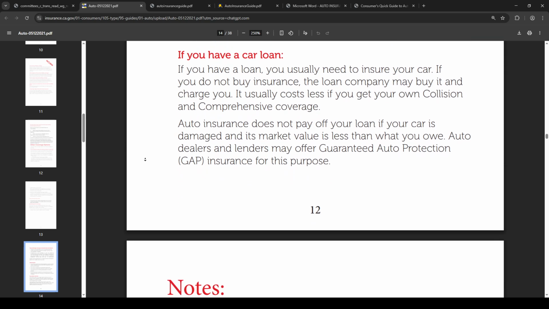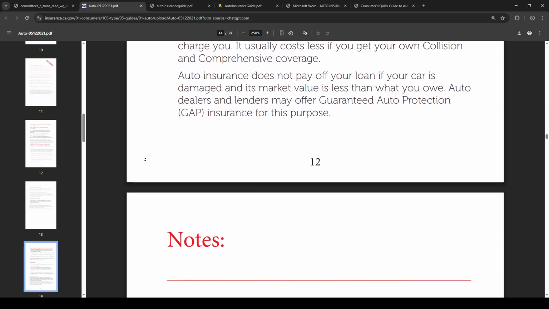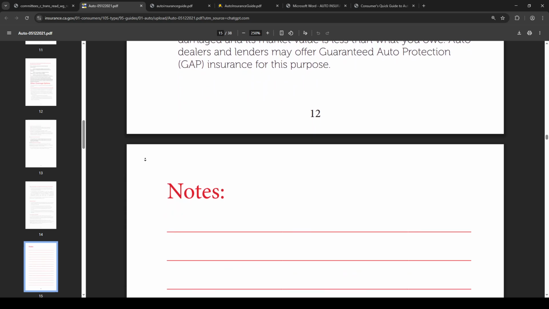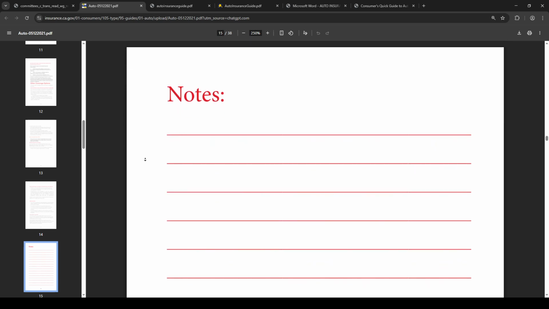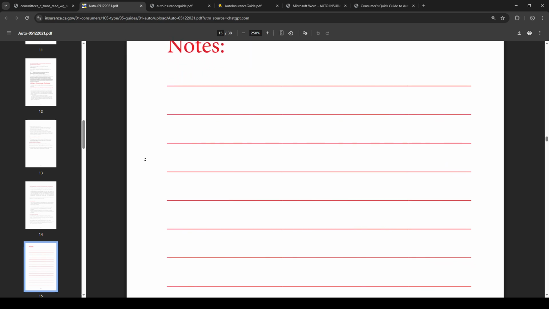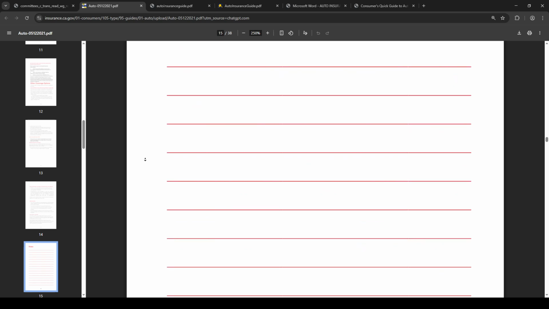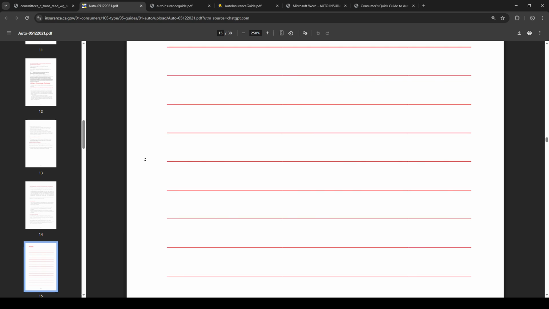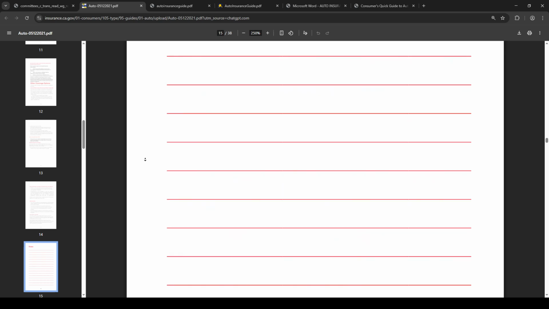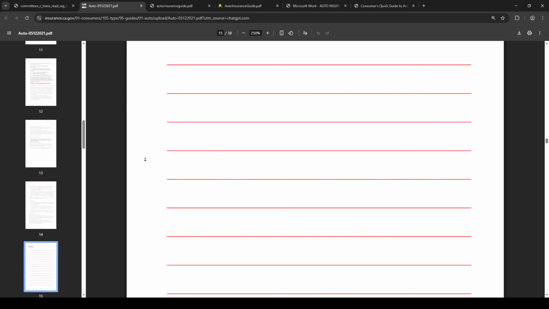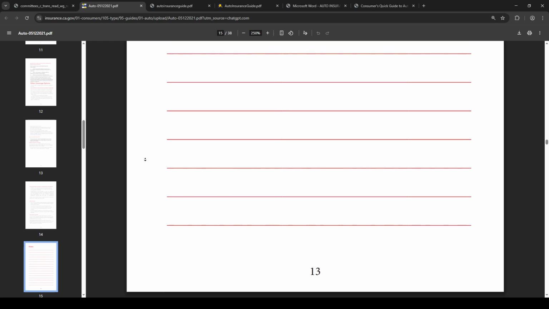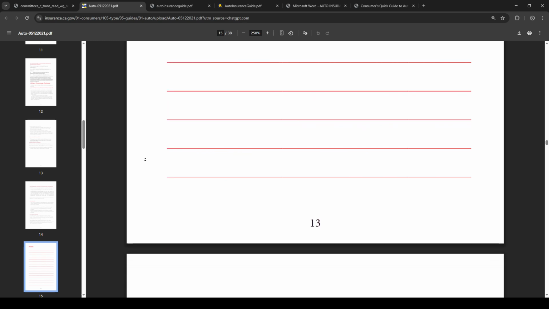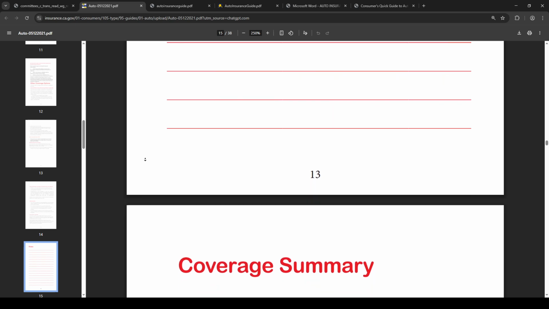Now let us address the price part. In many cases, jumping from 100, 300 to 250, 500 is not as expensive as people assume, and the protection increase is large. Going from 250-500 to 500-500 can cost more, and the value depends on your risk profile, your driving environment, and how much catastrophic protection you want.